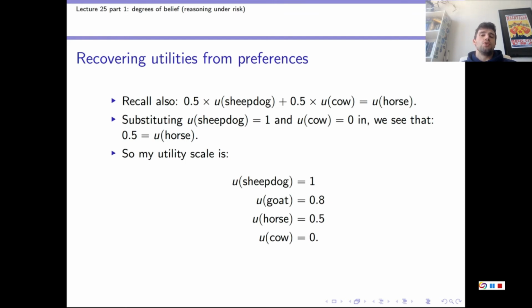And the idea is this is useful to us because in everyday language we talk in terms of preferences about lotteries. So you'd say, oh, I prefer this to this, or oh, I'd take either one with equal preference. Now these utilities that we've recovered are called subjective utilities because they were determined by my preferences, and I can no doubt be wrong about what's good for me, but they are just the preferences I have.